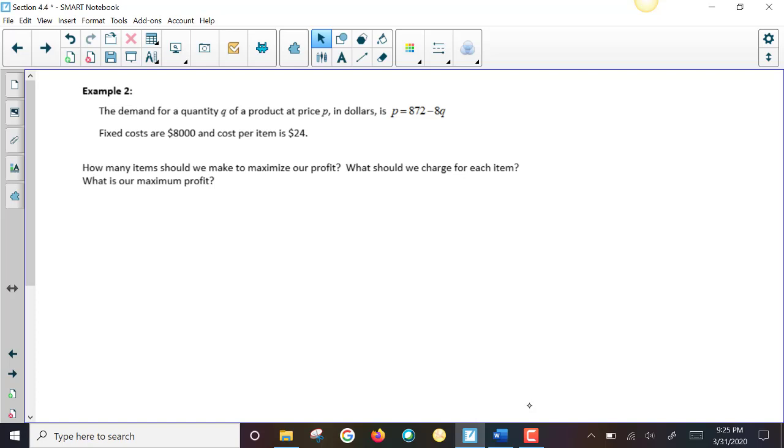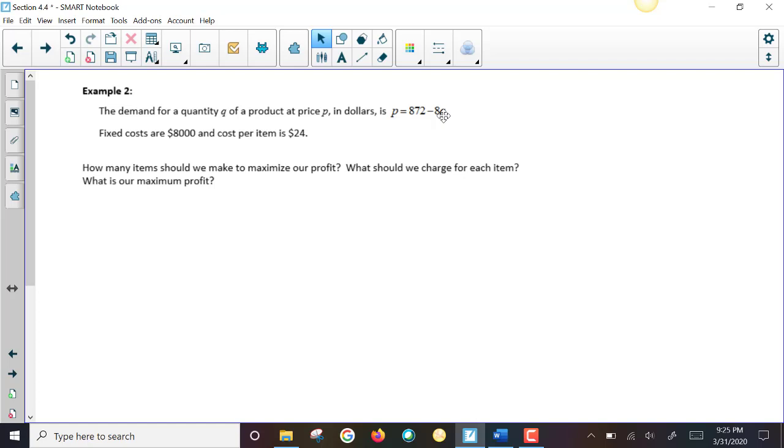Okay, so let's look at another example of maximizing profit. Now we're talking about demand for a quantity Q of a product at a price given by this equation. So basically we're saying if we know the quantity demanded, we can calculate the selling price.